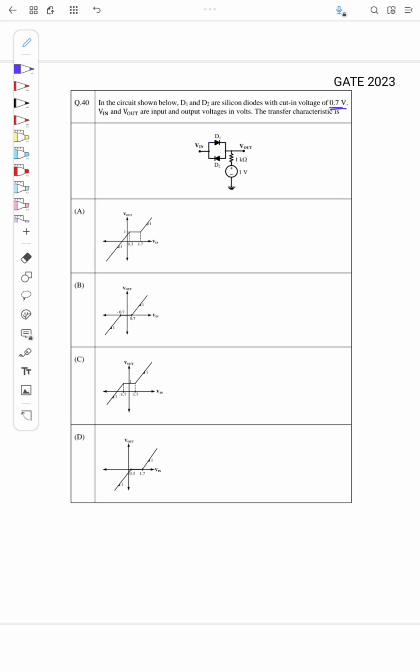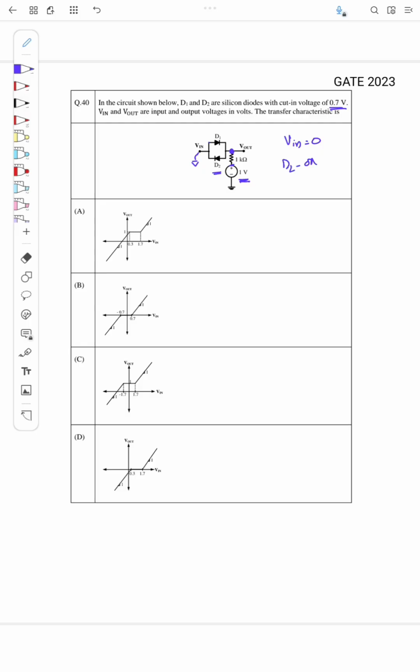Here there is a bias voltage of 1 volt, and we have diodes D1 and D2. So what happens when Vin is equal to 0? When Vin is equal to 0, it is like a ground. This node will be positive and the diode D2 is now on.